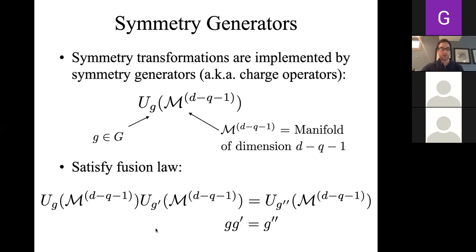So if I take two of these operators living on the same manifold M with different elements of the group, G and G prime, I can fuse them to get a third operator living on the same manifold labeled by an element of the group G double prime, where G double prime is related to G and G prime simply by group multiplication. So the fusion law here is inherited from the group multiplication law.